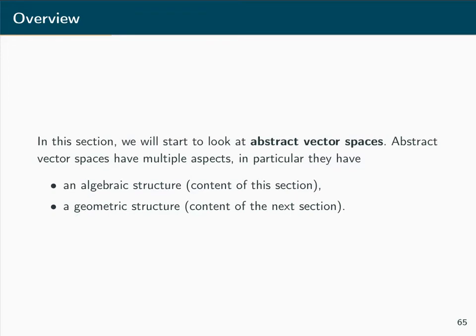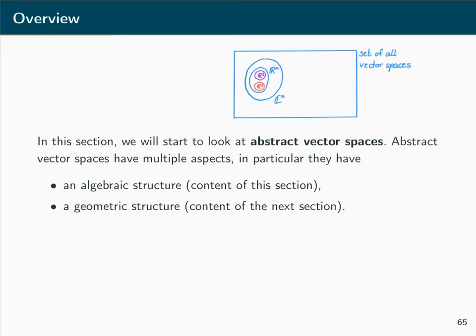But in fact, even all of these vector spaces, so the ones with dimensions higher than 3 and complex vector spaces, only make up a small fraction of the set of all possible vector spaces. I've tried to illustrate this fact by a little diagram up here, where the rectangular box is supposed to represent the set of all vector spaces.